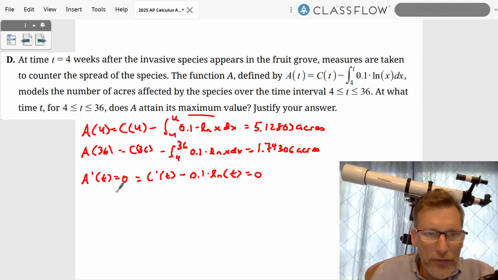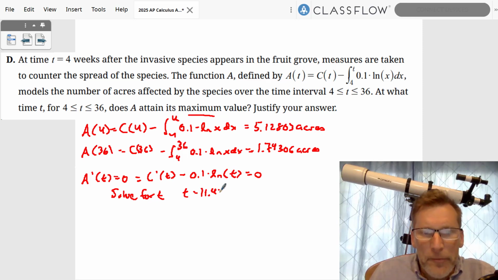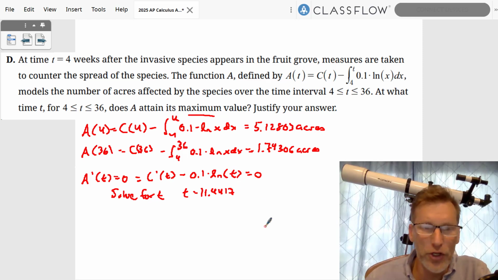We're going to solve for T in our calculator, and that time ends up becoming a time of 11.4417.